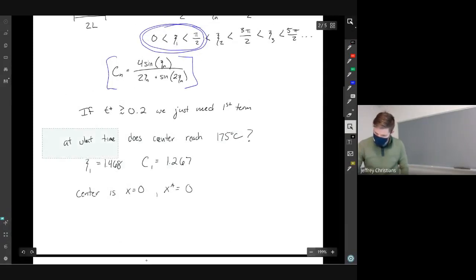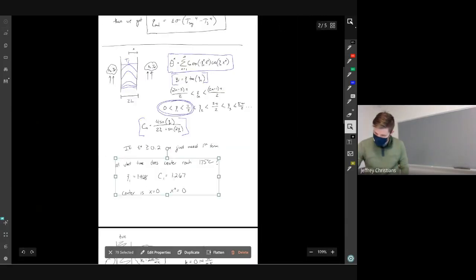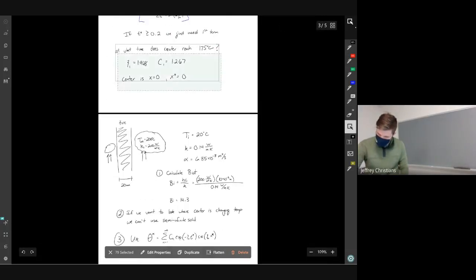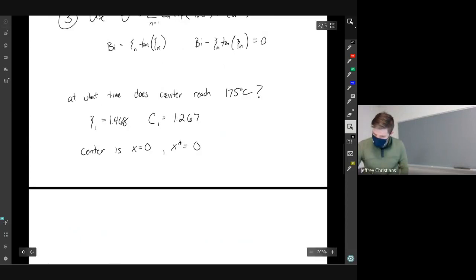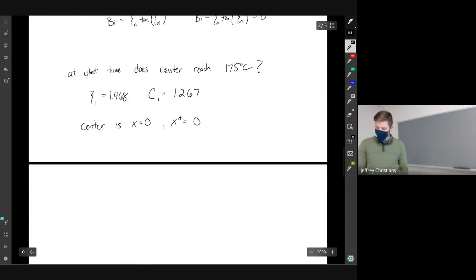I'm doing this at the wrong spot. Doing it above my example, I'm crashing into it. Move it down to the example. Okay, so the center is x equals 0, x star equals 0.